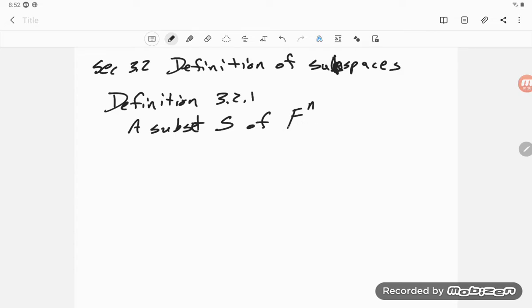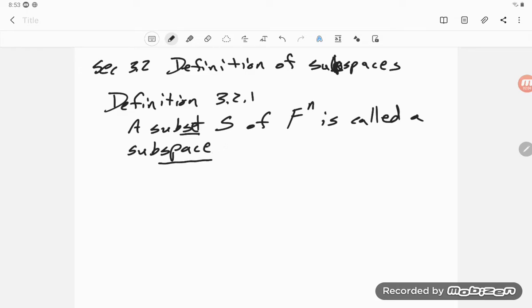It could be integers mod something, usually it's just our real numbers. So usually this is just Rn, but it could be something else. A subset of whatever we're working with is called a subspace. So I can have lots of things that are subsets, but not as many things that are subspaces.